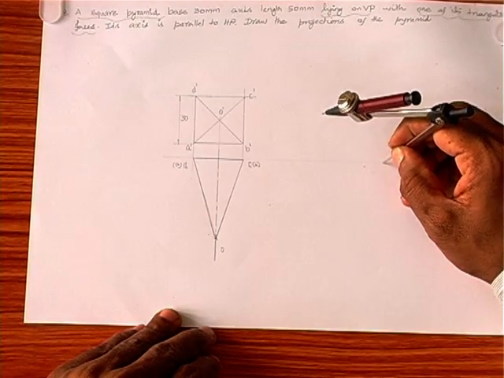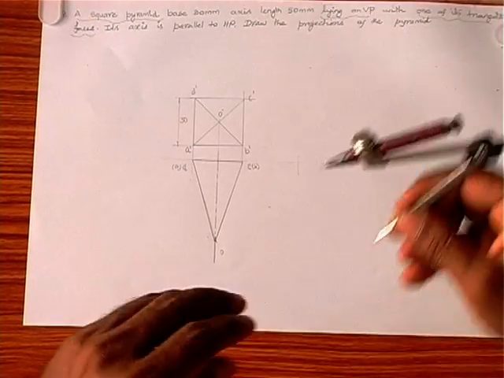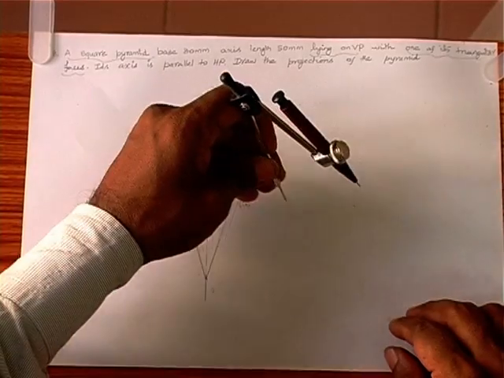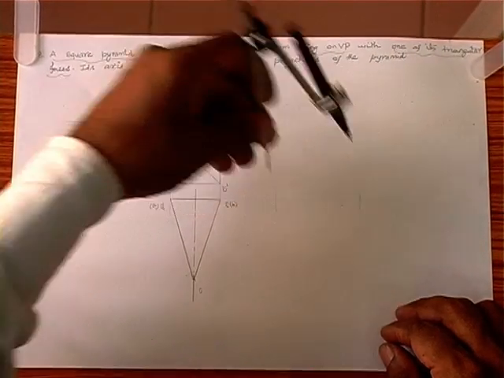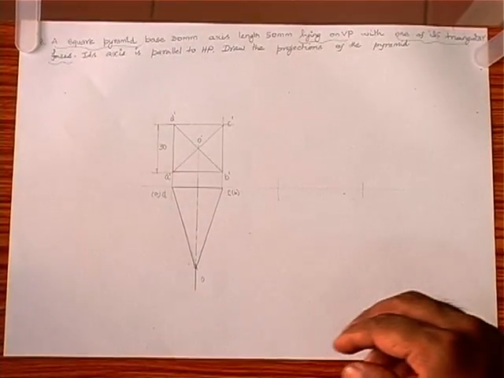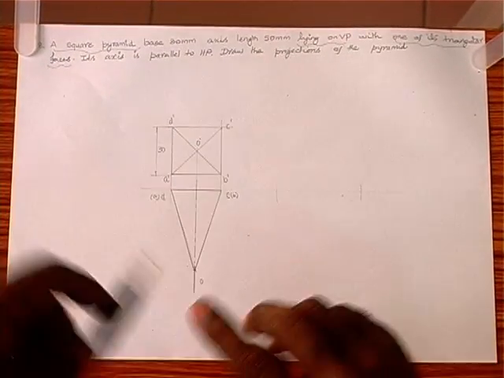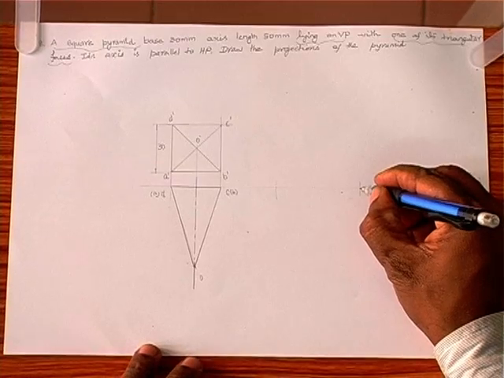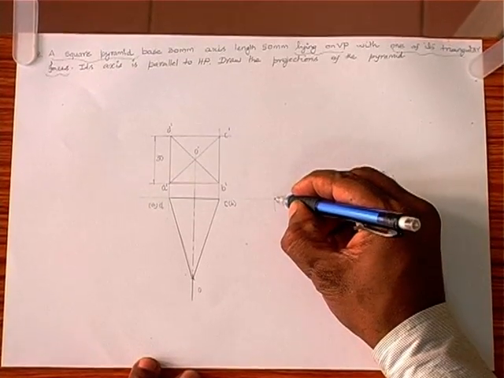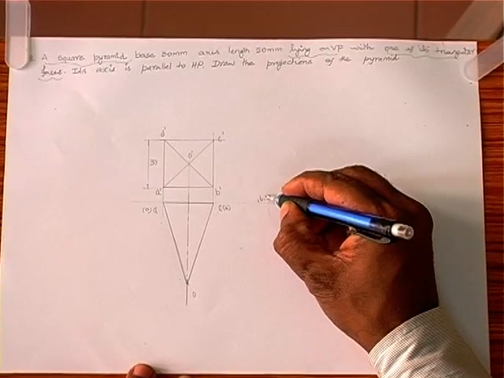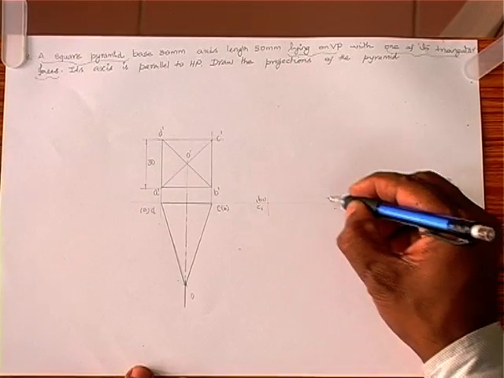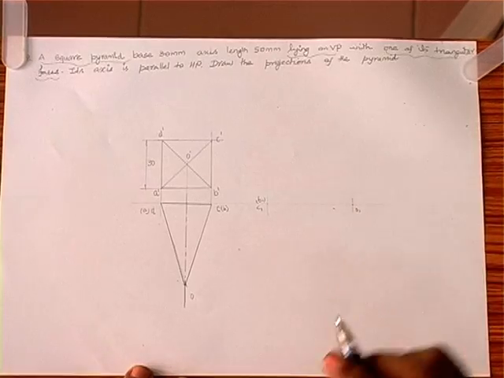So we take the triangular face here. The triangular face that we take is BCO. So we get B1 bracket C1 and O1.